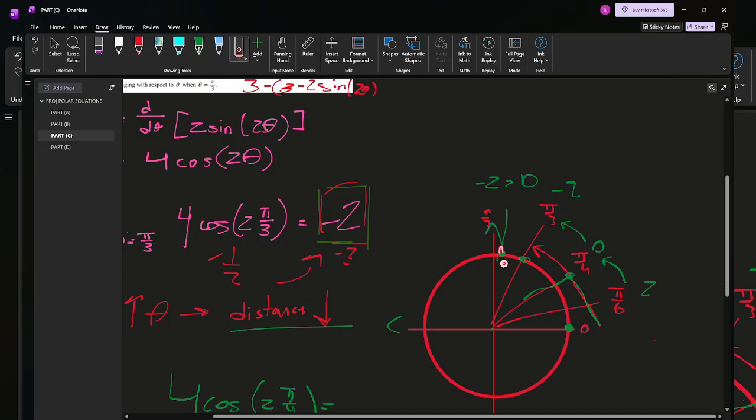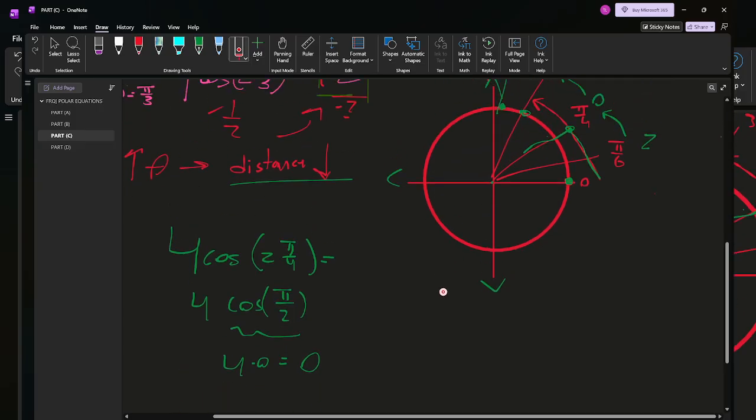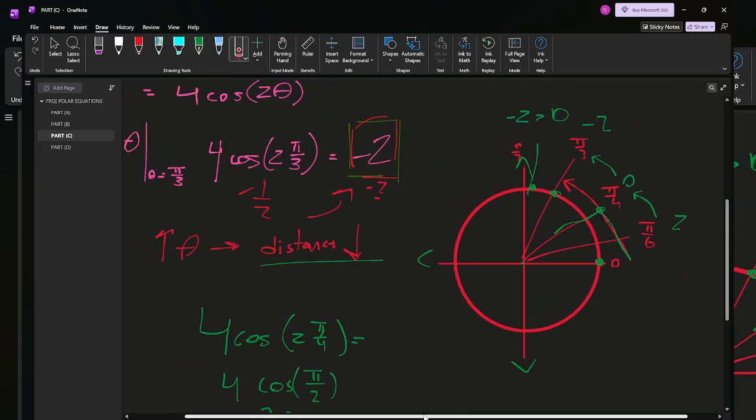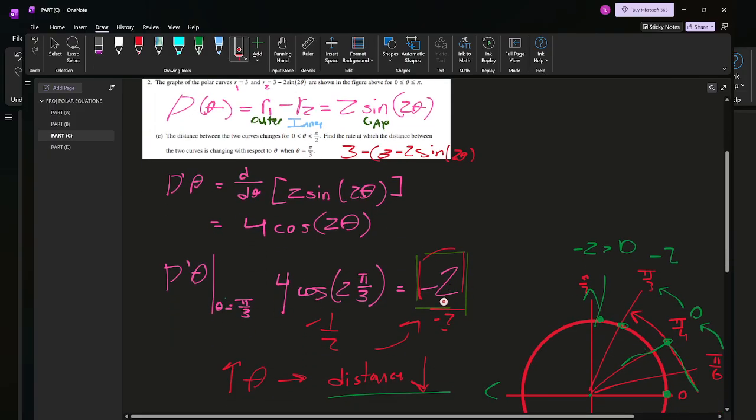And whatever is greater than pi over 3 should be less than negative 2, so it's a more negative value. In this scenario, they're asking for theta equals pi over 3, which is negative 2.